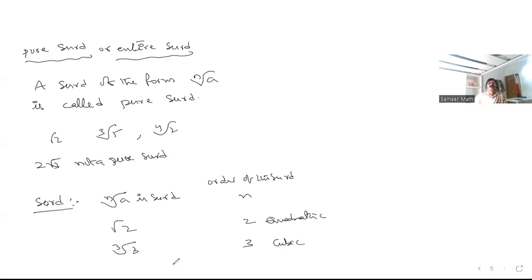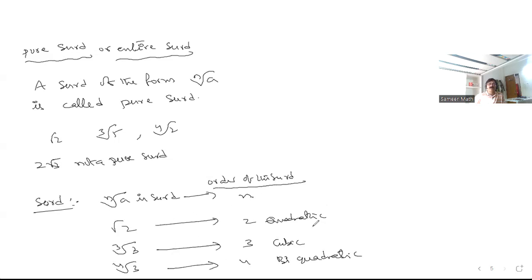Cubic surd. If I write the fourth root, what is the order? 4. This is called biquadratic. Surd of order n. The order of this surd is 2, this one is 3, this one is 4. Now, we got it till here.